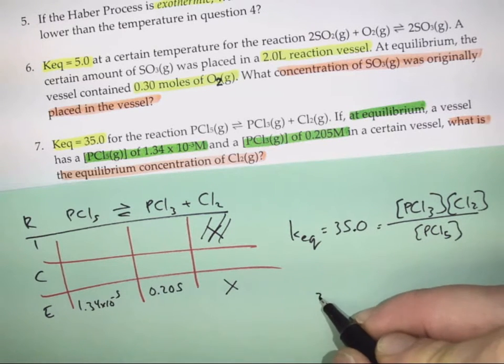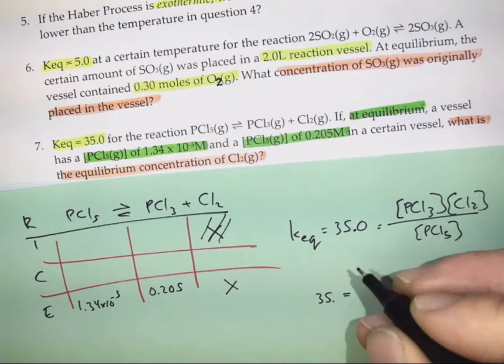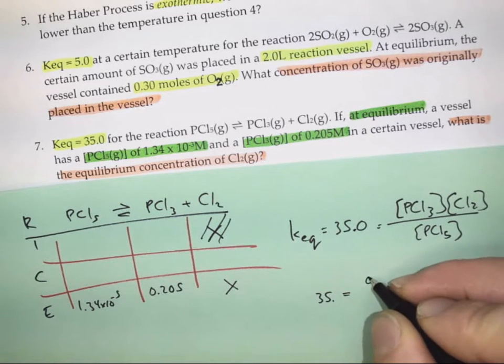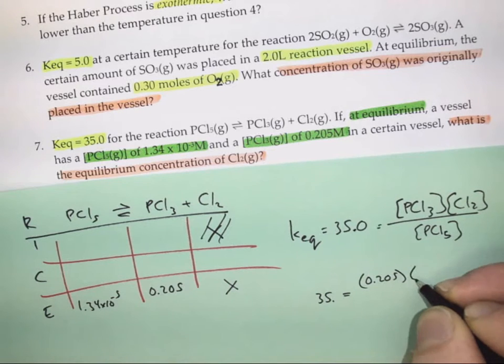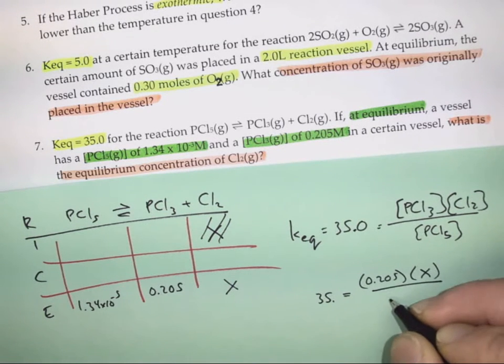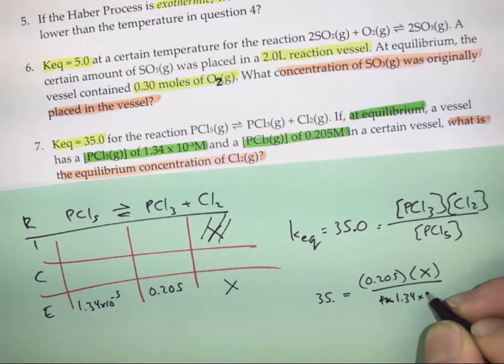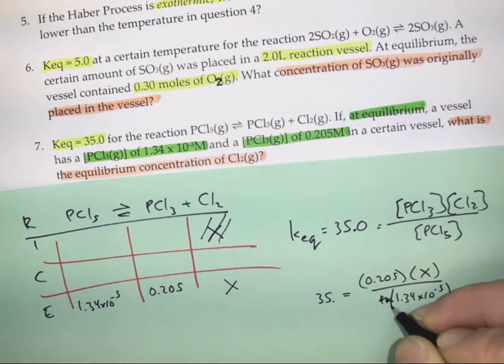And so we'll just turn that into a nice equation. I'm not going to write 35.0, just write 35. That equals 0.205 molar times x, that's our unknown, divided by 1.34 times 10 to the negative 5.